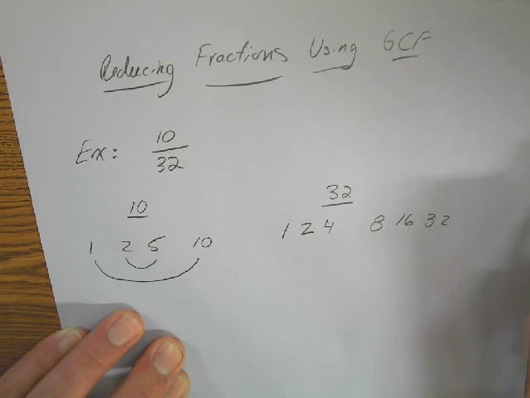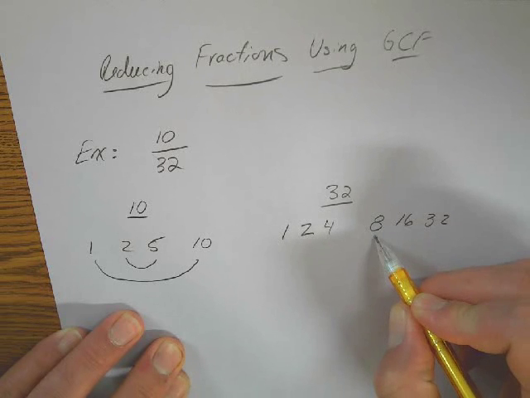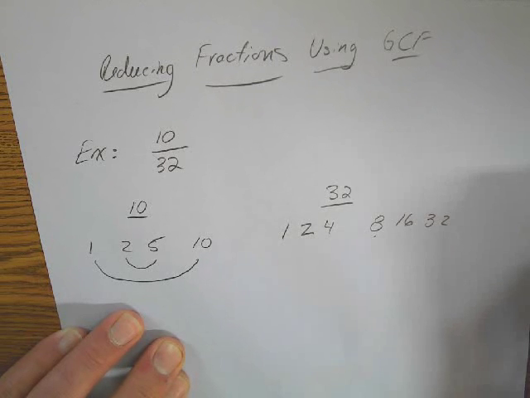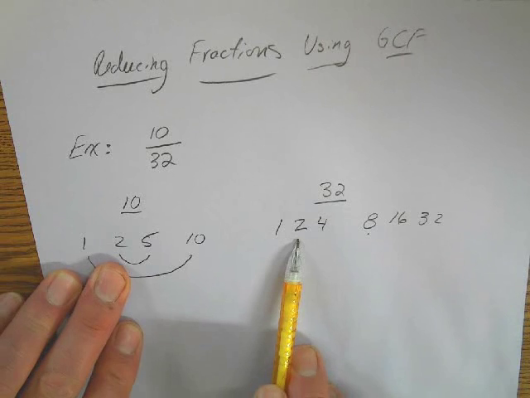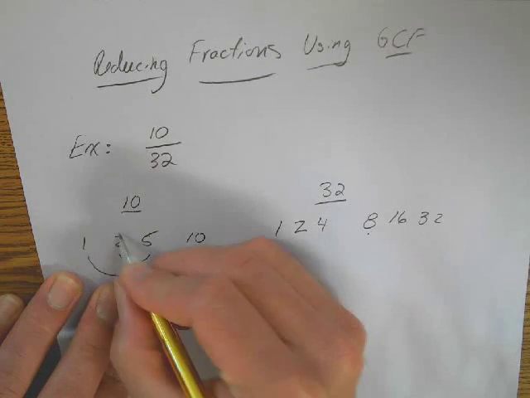So the biggest number that these two numbers have in common, 10 and 32, we've got a 2 here, and it looks like that's it. So the greatest common factor is 2.